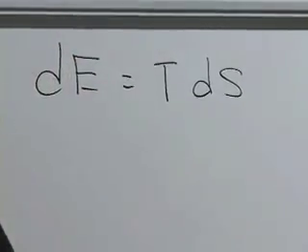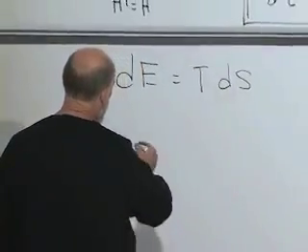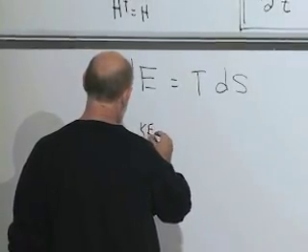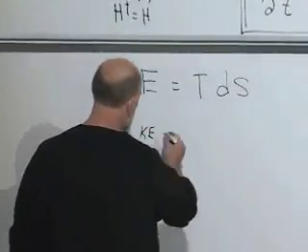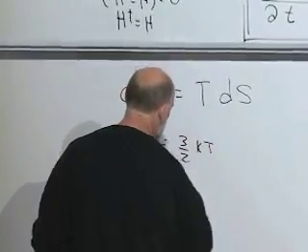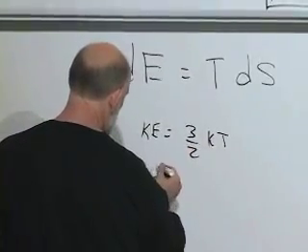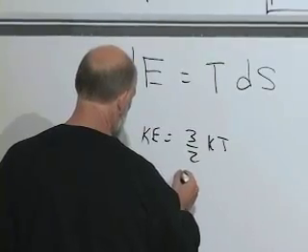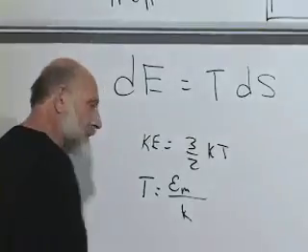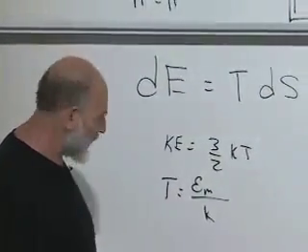Degrees usually, but let's write another equation. The kinetic energy of a particle in a gas is 3/2 k, Boltzmann's constant, times the temperature. So temperature always has units of energy divided by Boltzmann's constant. The units of Boltzmann's constant are energy divided by temperature.